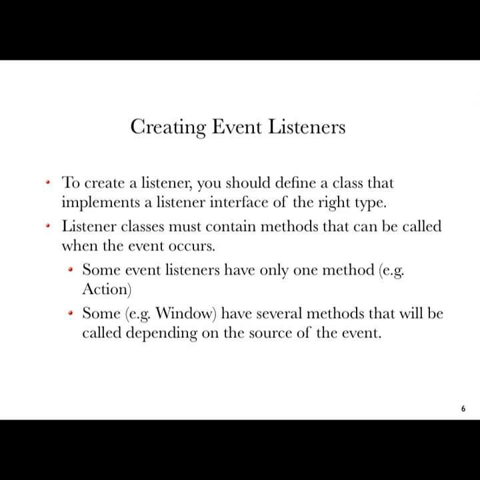So you have an event listener that might be associated with a particular action, like clicking a button, or you might have some that deal with something more complex, like a window. So a window can do multiple things, yeah? You might want to care about different things happening with a window.